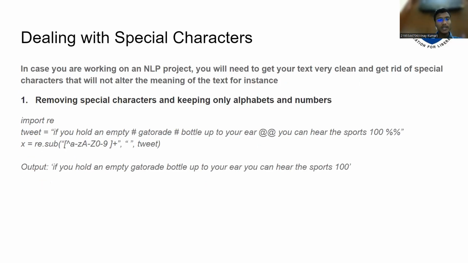Dealing with special characters. In case you are working on an NLP project, natural language processing, you will need to get your text very clean and get rid of special characters that will not alter the meaning of the text, for instance, removing special characters and keeping only alphabets and numbers. Import re.